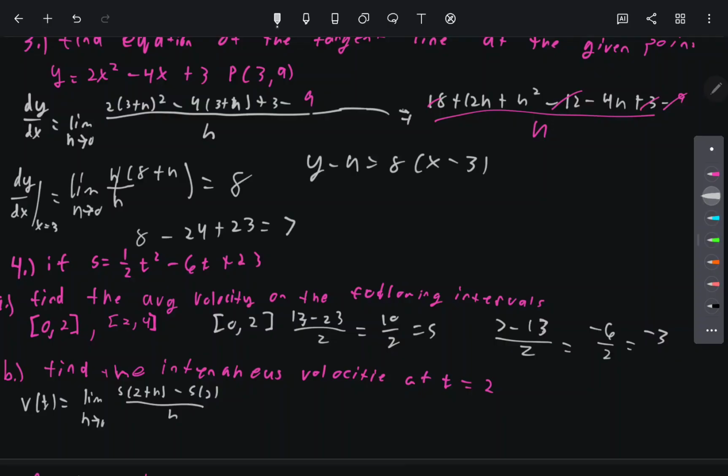Well, s of 2 plus h, we are going to get 1/2 times 2 plus h squared, minus 6 times 2 plus h, plus 23, minus whatever the value at 2 is, which we already know is 13.